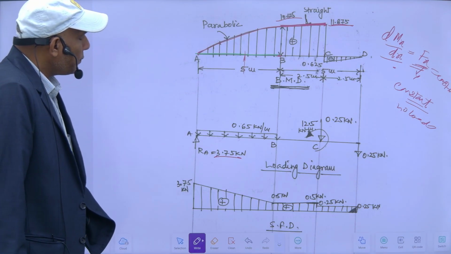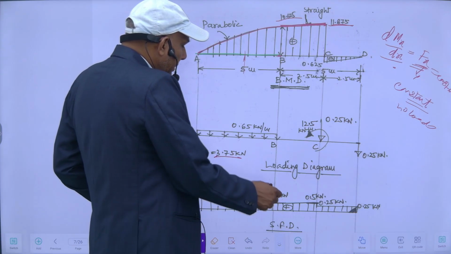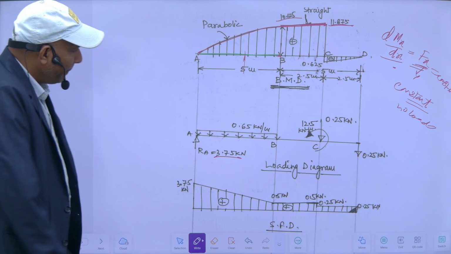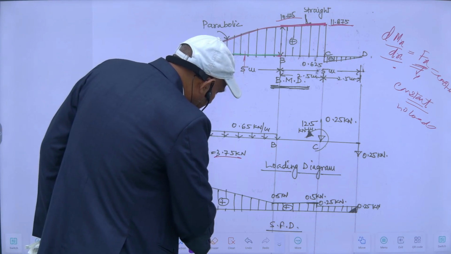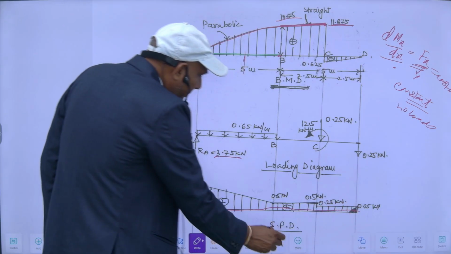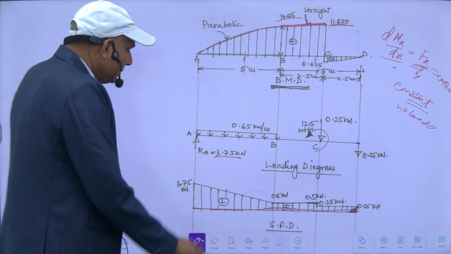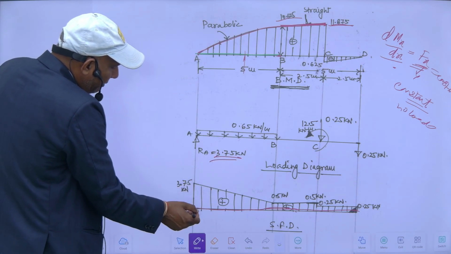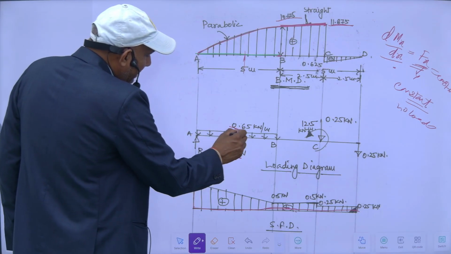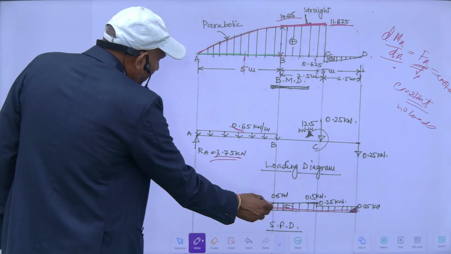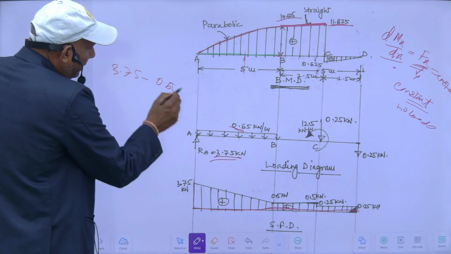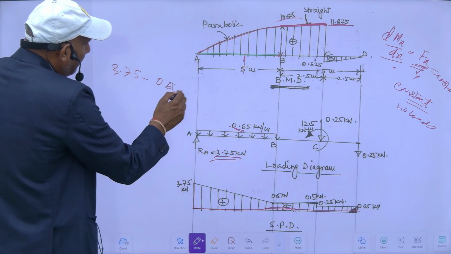Now if I draw the shear force diagram parallelly, it will be like this. This is my baseline. This reaction will go 3.75 upward. Then due to the UDL, my shear force at this point will be 3.75 minus 0.65 into this distance, into 5.